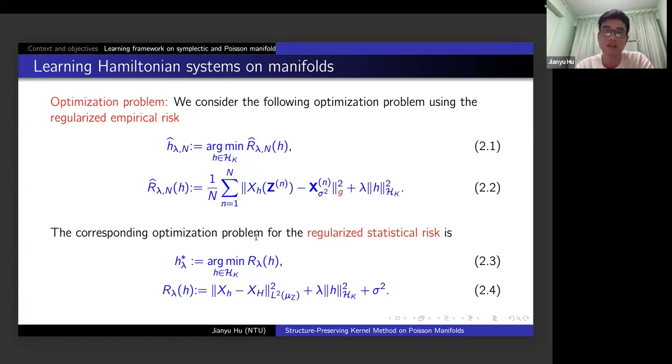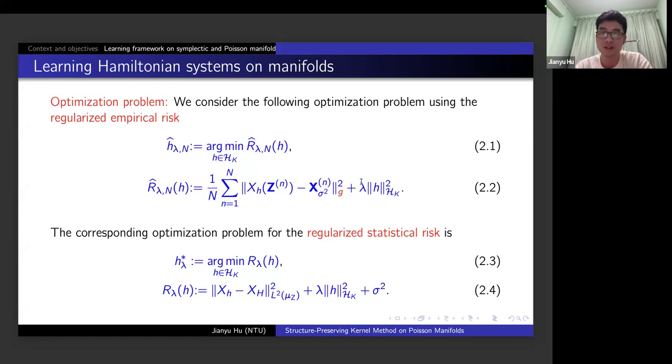I should point out that these two risk functionals are not always well defined, because here we take the Hamiltonian vector field over the functions in the RKHS. Moreover, due to the degeneracy of the Poisson tensor, this learning problem could be ill-posed in general.